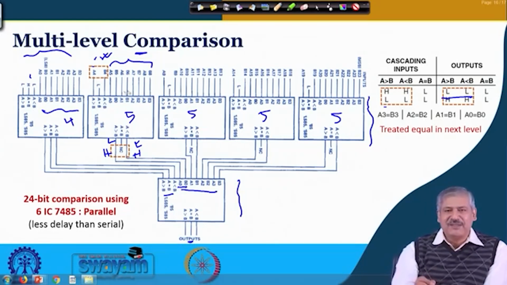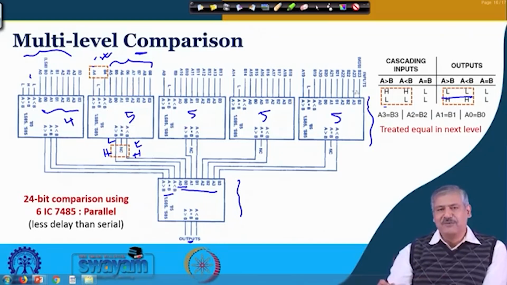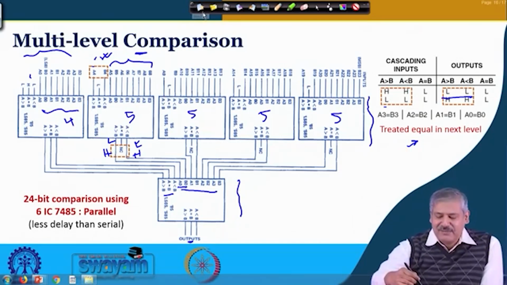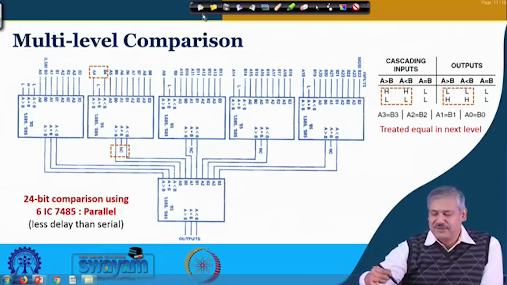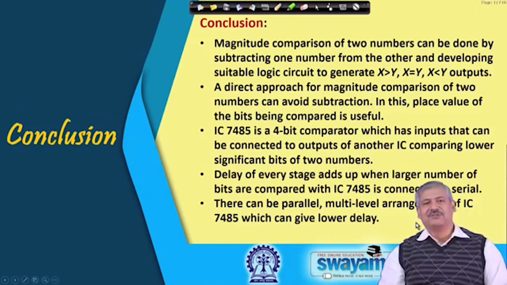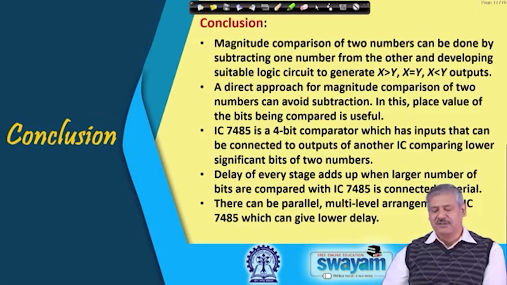So the fifth bit can be inserted here like this. Similarly for the other cases, so 4 into 5 is 20 and this is 4. That is the clever use of this, and you can see that because of the parallelism the propagation delay can be reduced. With this we come to the conclusion of this particular discussion on comparators.